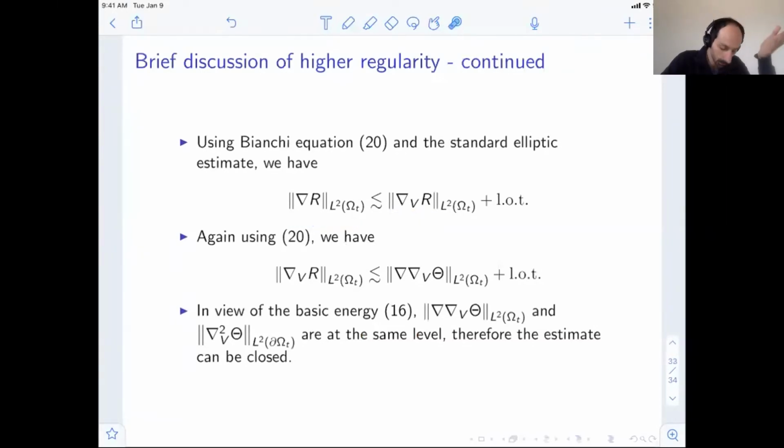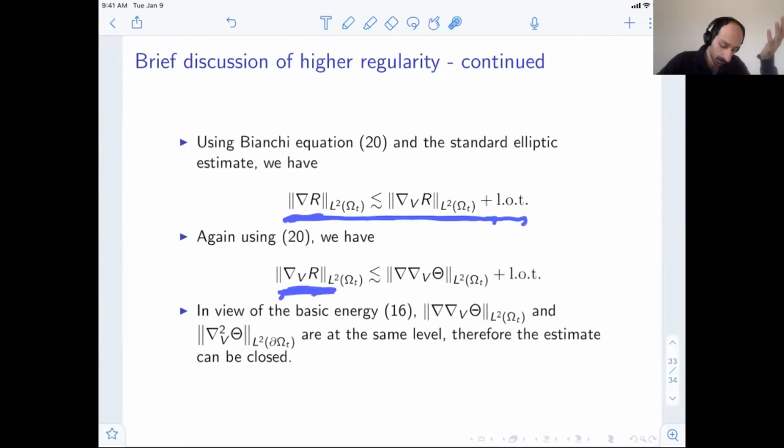Again, I view those Bianchi equations as elliptic equations, and I recover control like this, right? Basically, I'm able to control one derivative of the curvature in terms of a material derivative, and the one derivative of the curvature I control using the equation for the curvature.